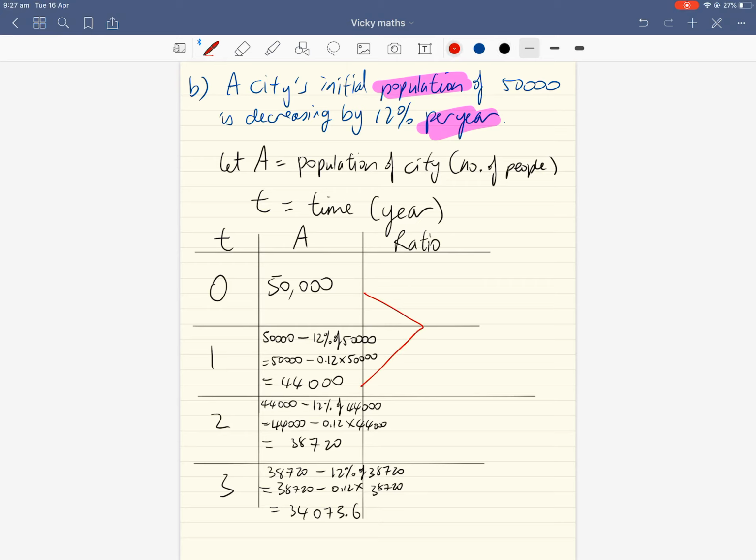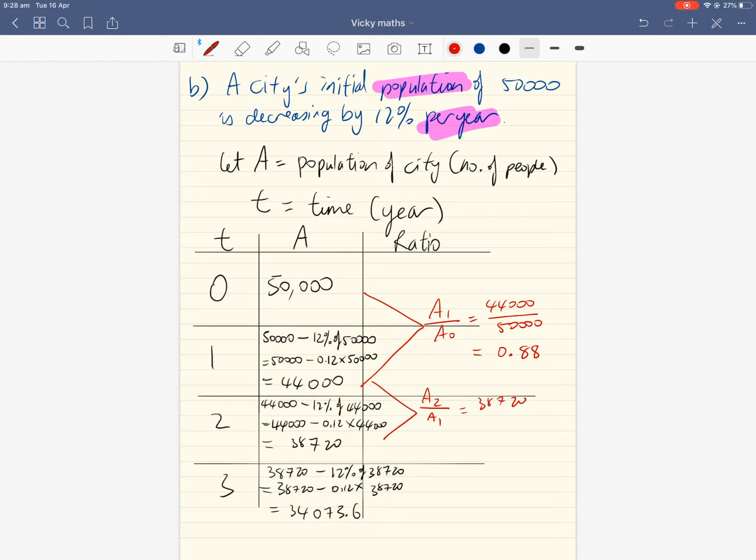Remember, ratio, we're dividing one year's population by the other, so A1 over A0. So we have 44,000 divided by 50,000, which gets us 0.88. Let's calculate the second ratio. So A2 divided by A1.